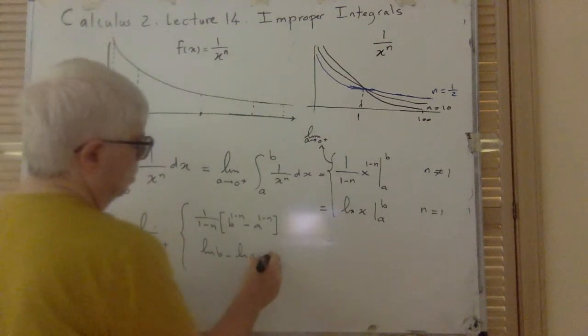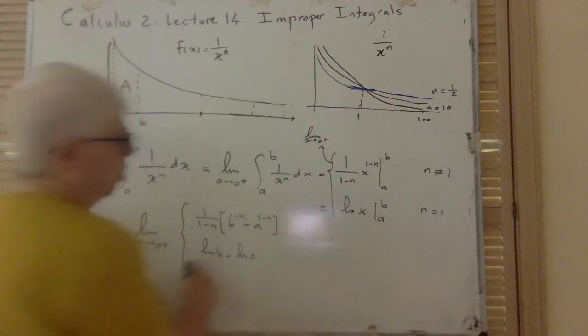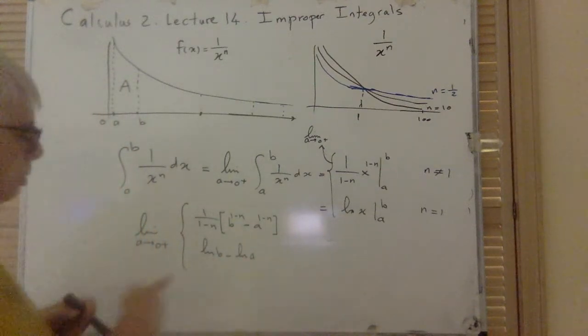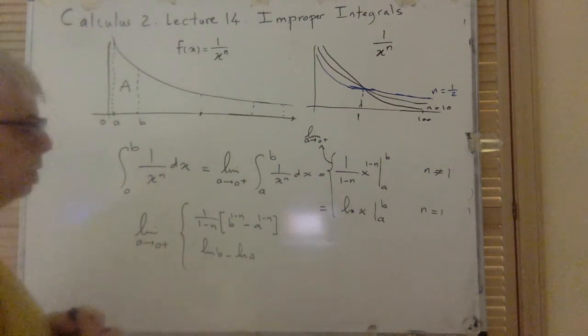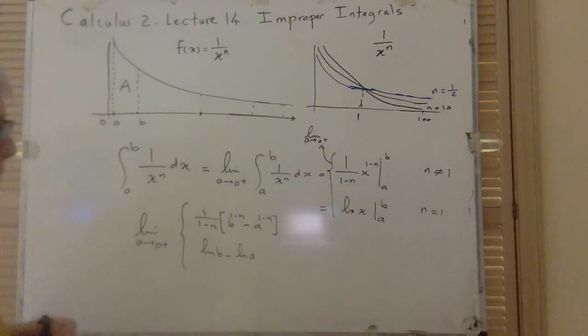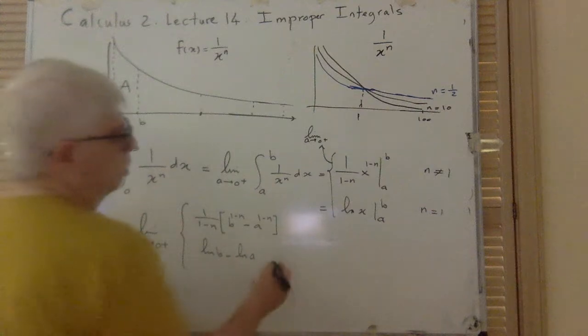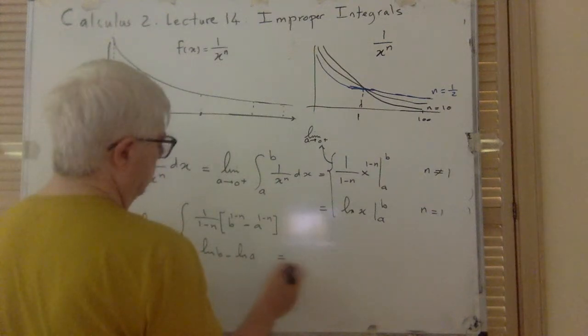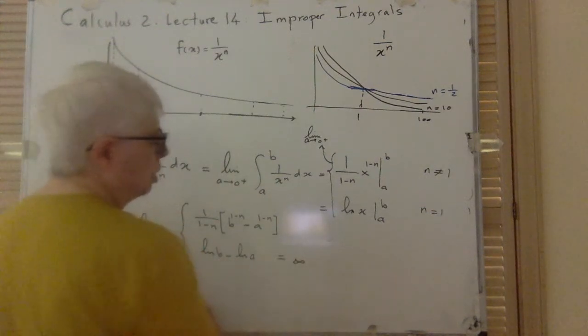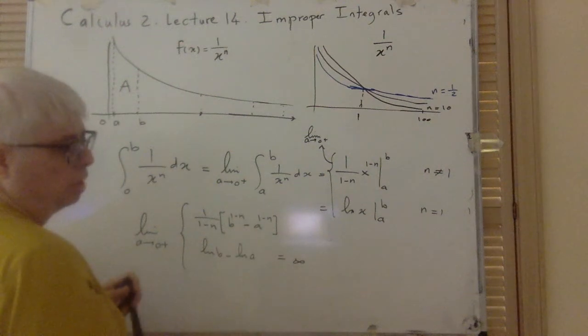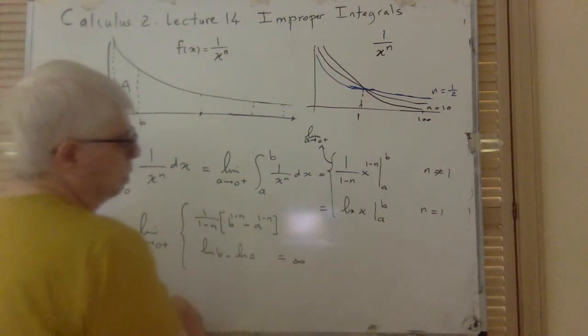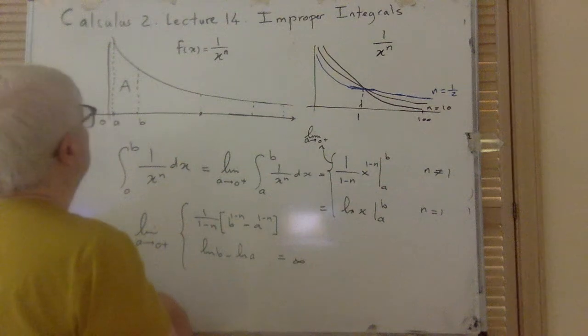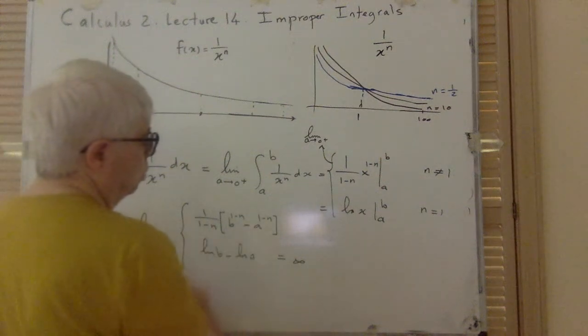So what is this one? As a goes to 0, ln is not defined at 0. So this is undefined, or let's say infinite, because it gets small, that's minus infinity. So this is infinite.